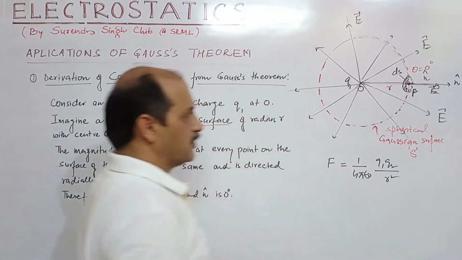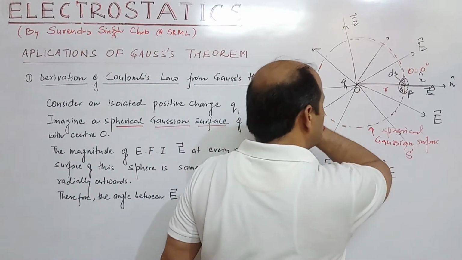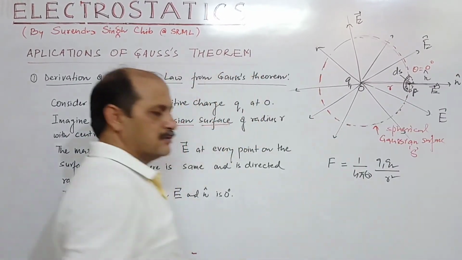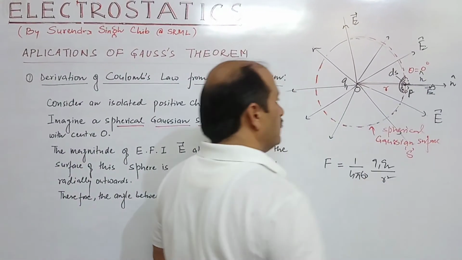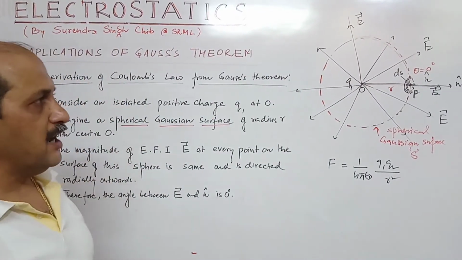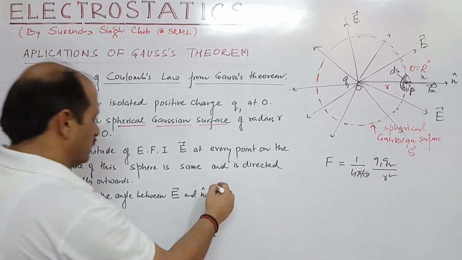And what is the area vector of that surface element? It is n vector, and it is radially outwards. What is the direction of electric field? It is also radially outwards. So what is the angle between n cap and E vector? It is 0. So here it is written as 0.